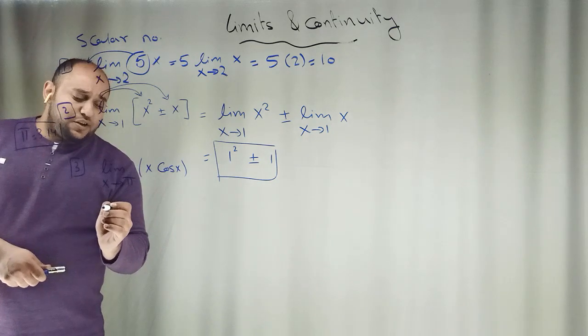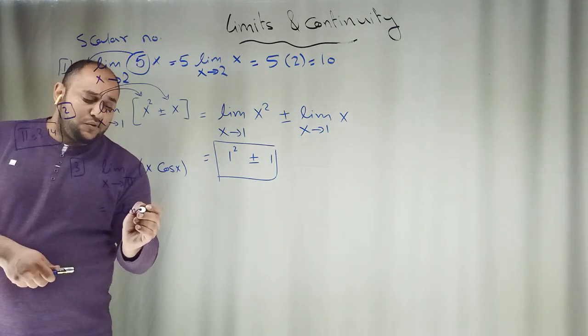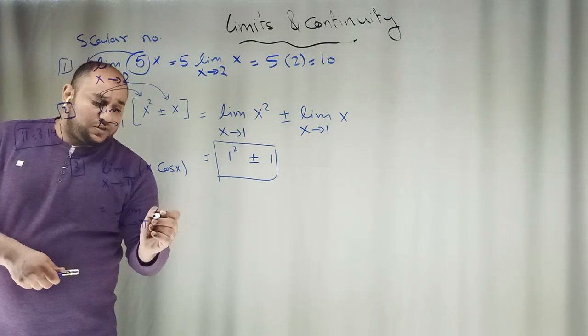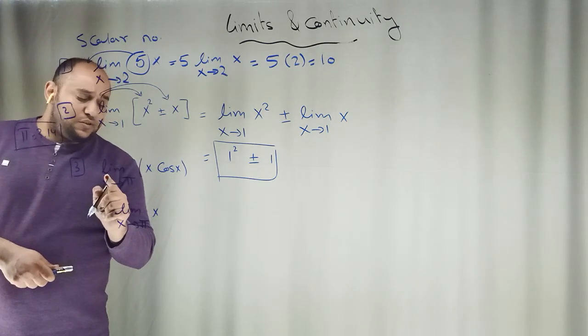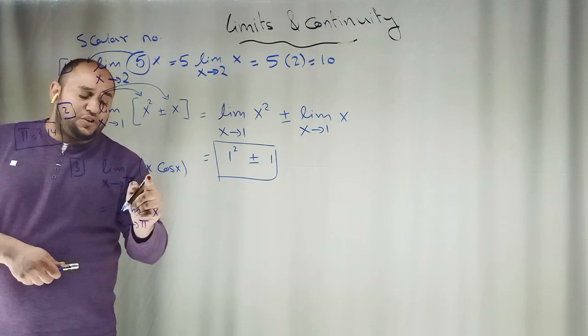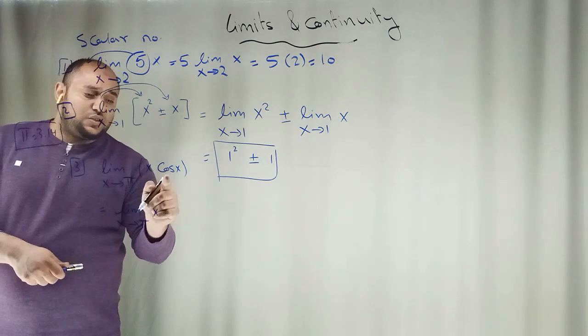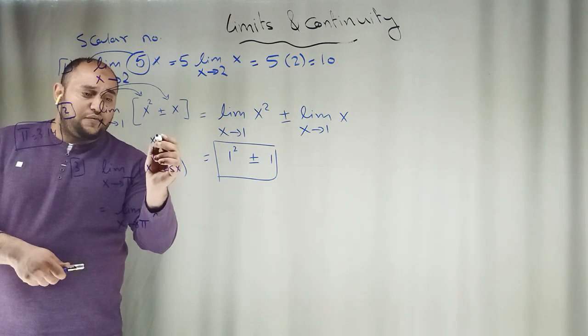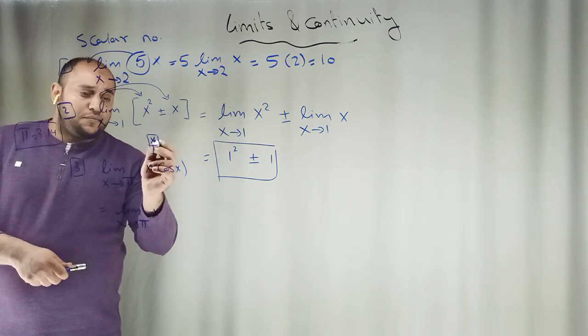To find this limit, we can replace any x by pi, starting by moving the limit to the first function and the limit to the second function. Between these functions, I have a multiplication case.